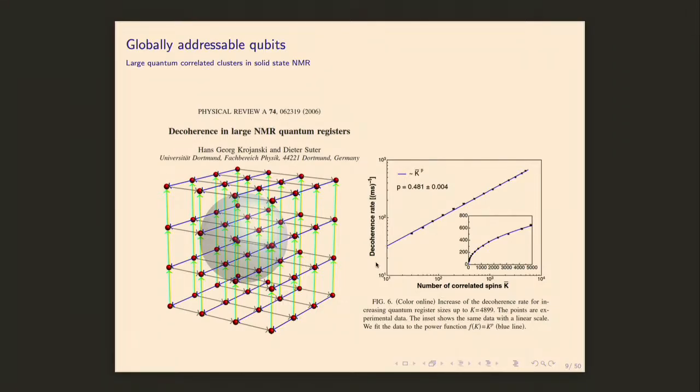You want to study the decoherence time. In this paper they have studied the decoherence rate as a function of the size of the coupled system. You have prepared large quantum correlated systems, and you want to study how fast they undergo decoherence. So it is not good for universal quantum computation, but it is very good for studying decoherence.